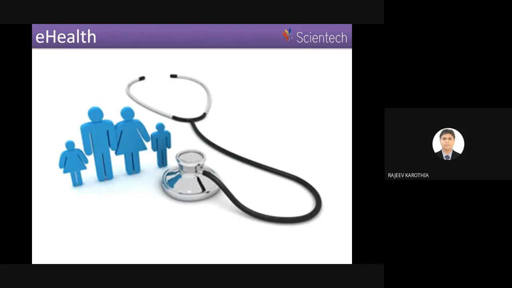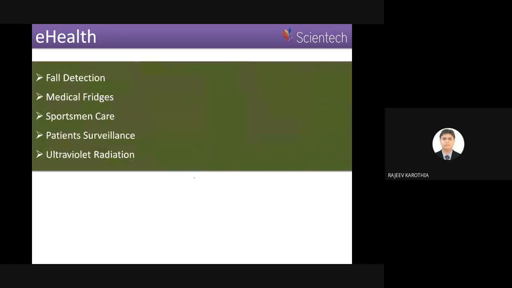E-health is another important aspect of this IoT. In e-health, we have different domains for application areas where you can have fall detection, medical fridges, sportsman care, patient surveillance, ultraviolet radiation measurement. So these are the different application areas where we can use IoT in e-health.